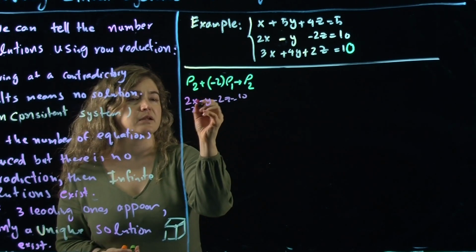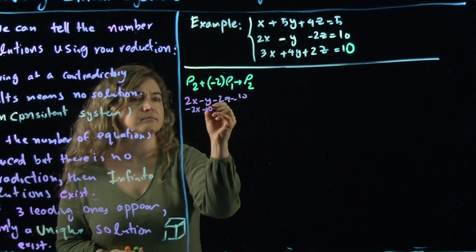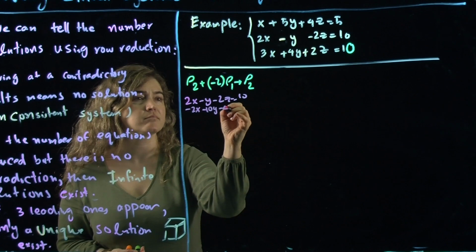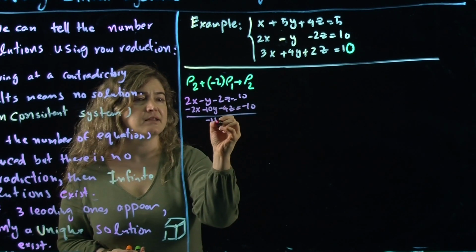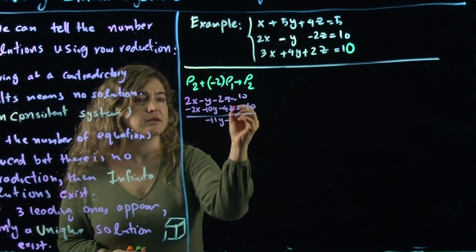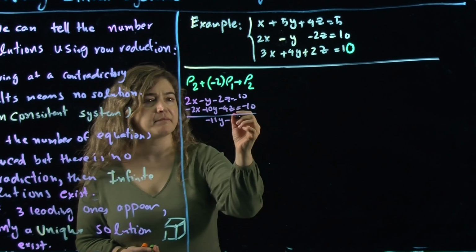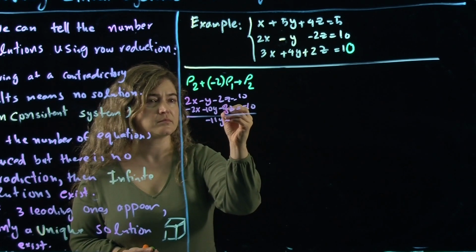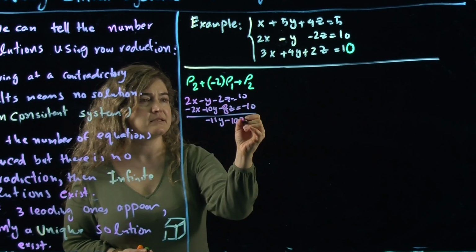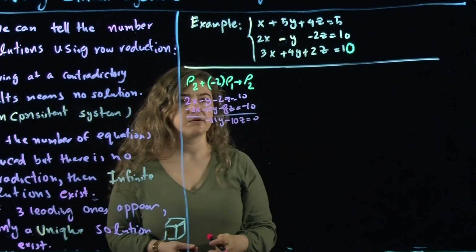Add negative 2 times row 1, and we arrive at negative 11y minus 10z equal to 0.